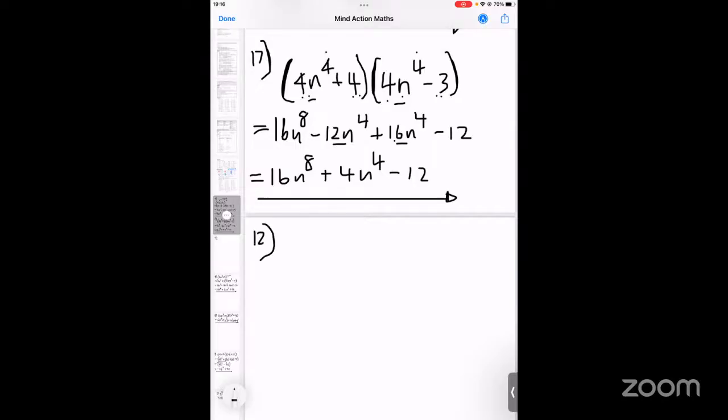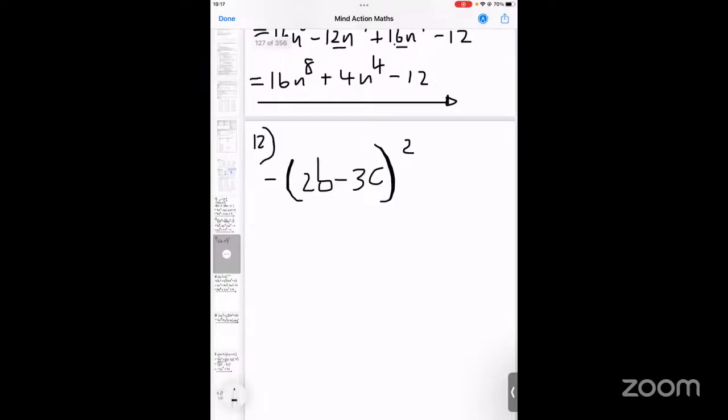Let's see, number 12. We are having negative (2b minus 3c) squared. Okay, so remember guys, what I'm trying to do is to say, if it was me in an exam having to do this, this is how I would approach it.